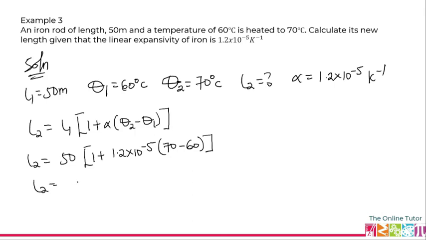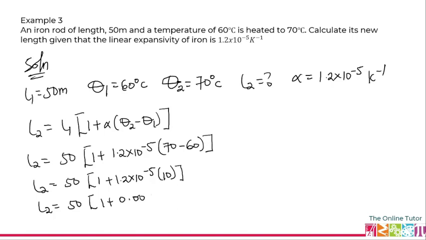So we have our L2 equal to 50 into bracket 1 plus 1.2 times 10 raised to the power negative 5 multiplied by 10, since 70 minus 60 is 10. Multiplying 1.2 times 10 raised to the power negative 5 by 10 will give us 0.00012.